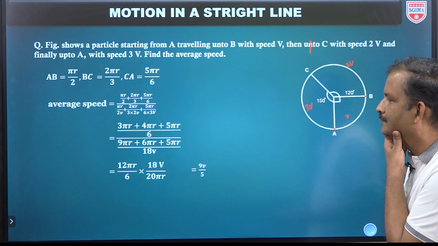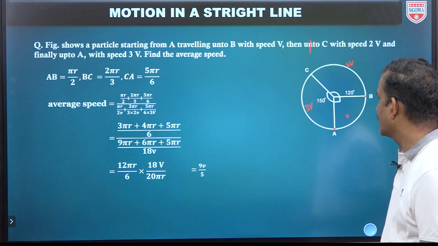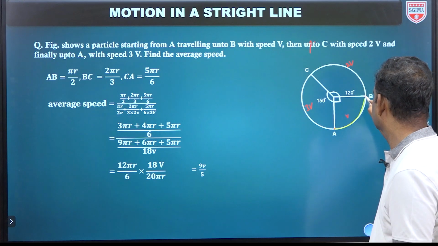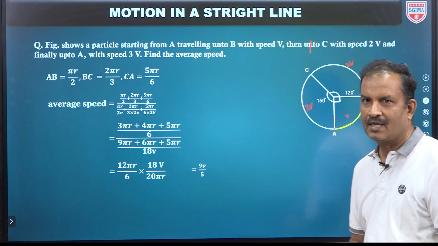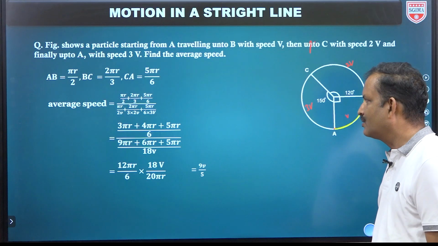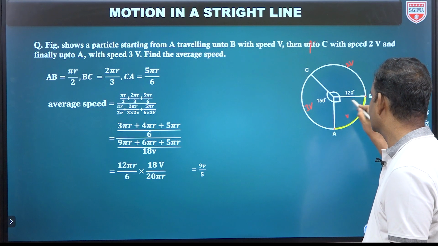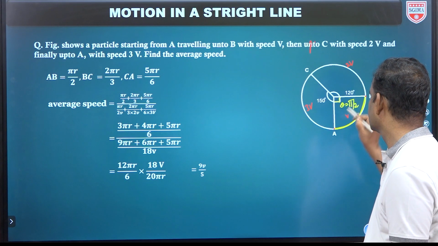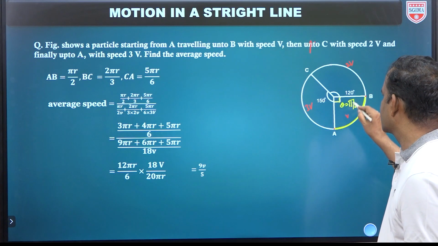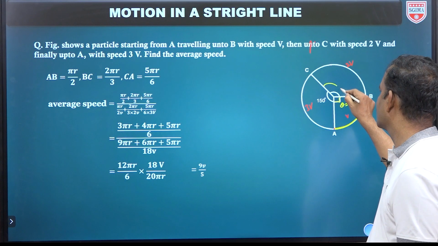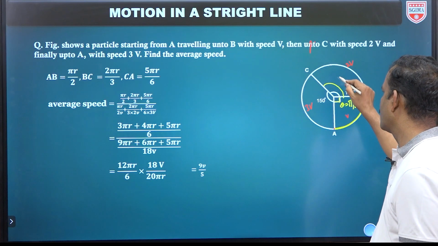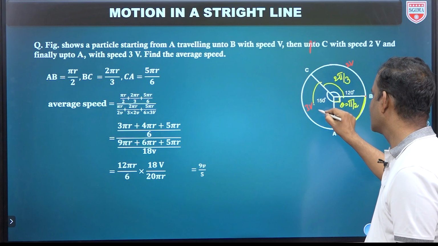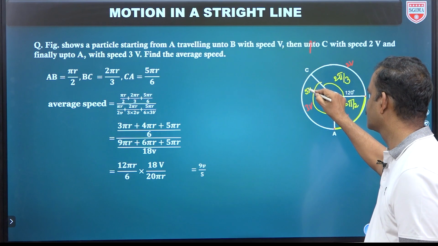See, actually, this is AB. For this AB, we have to find this arc length. This is 90 degrees. Theta is 90 degrees, pi by 2. 120 degrees means theta is 2 pi by 3. 150 degrees means theta is 5 pi by 6.